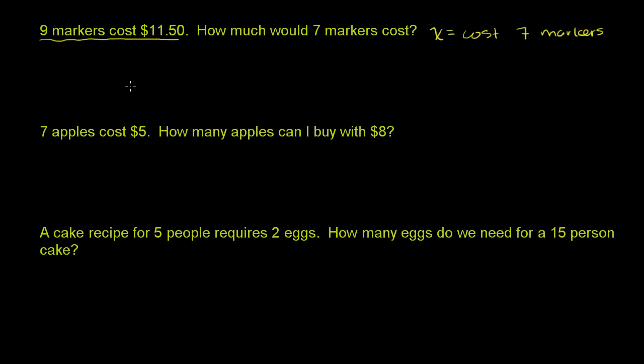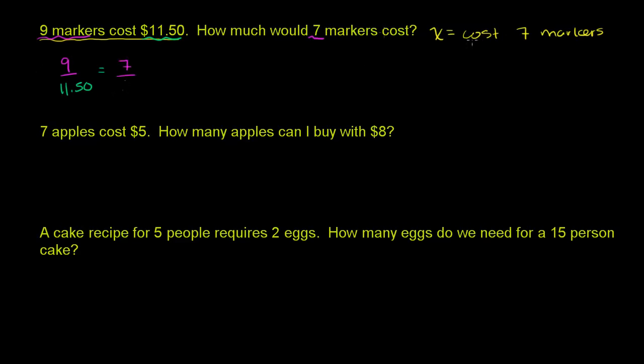to each other. So you could say that the ratio of the number of markers, so 9, to the cost of the 9 markers, 11.50, should be equal to the ratio of our new number of markers, 7, to the cost of 7 markers, x.